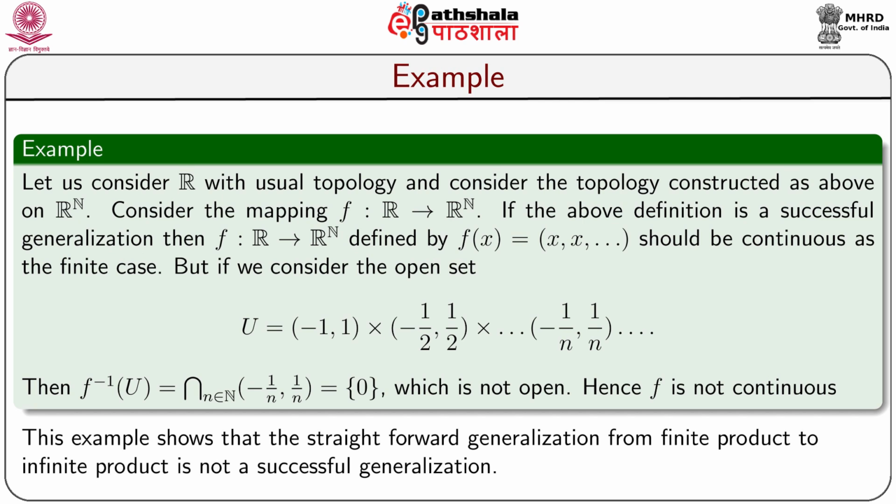But if we consider the open set U = (-1, 1) × (-1/2, 1/2) × ... × (-1/n, 1/n) × and so on, then f inverse of U is the intersection over n of (-1/n, 1/n), which is equal to {0}, and we know that this is not an open set, hence f is not continuous.